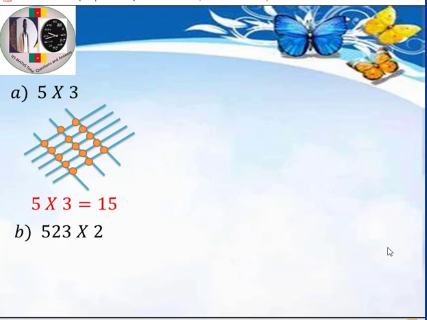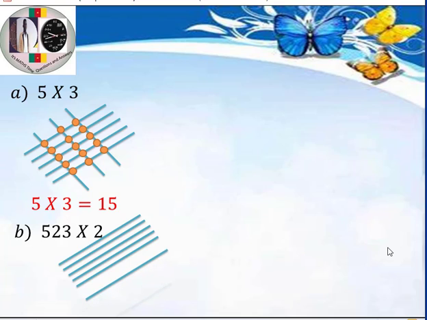So we are again going to draw 5 lines: 1, 2, 3, 4, 5. The second number is 2, so we are going to give a gap to differentiate the 5 from the 2. So we'll give a gap to draw the 2 lines: 1, 2. We can see the gap there, and then we'll give a gap again to draw the 3 lines.